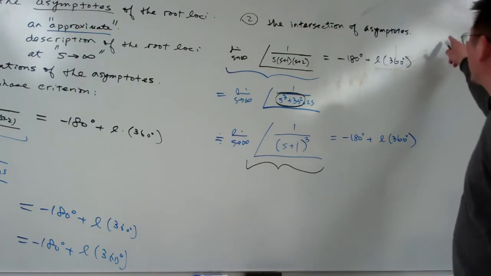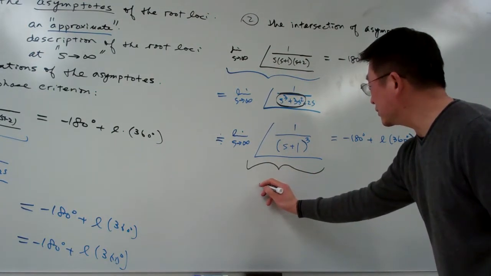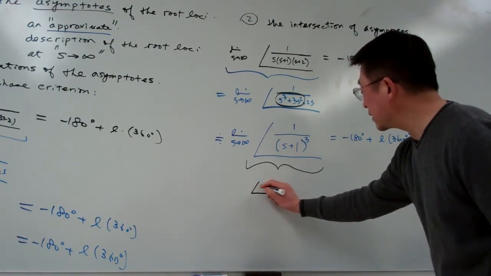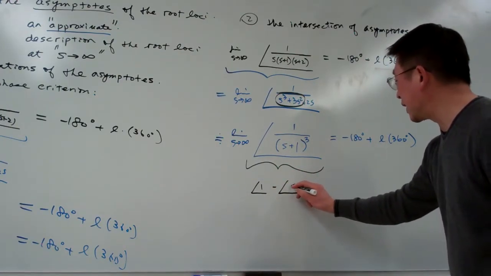This case, again, I erase it. This one basically is, for this angle, let me do it from the beginning. That is the phase angle of the numerators minus the phase angle of the denominators.